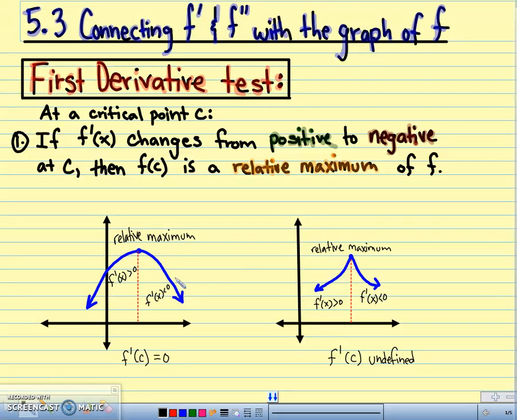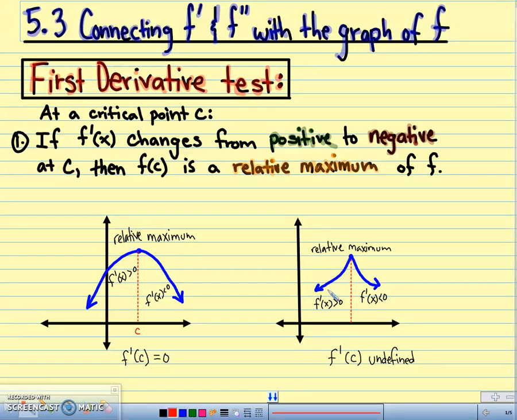We have this negative parabola looking function where, if this is a critical number, we'll call it critical number C. If it's increasing, that means that the derivative is positive, it's greater than 0. And then it switches to decreasing, meaning that the derivative is less than 0, then this must be a relative maximum.